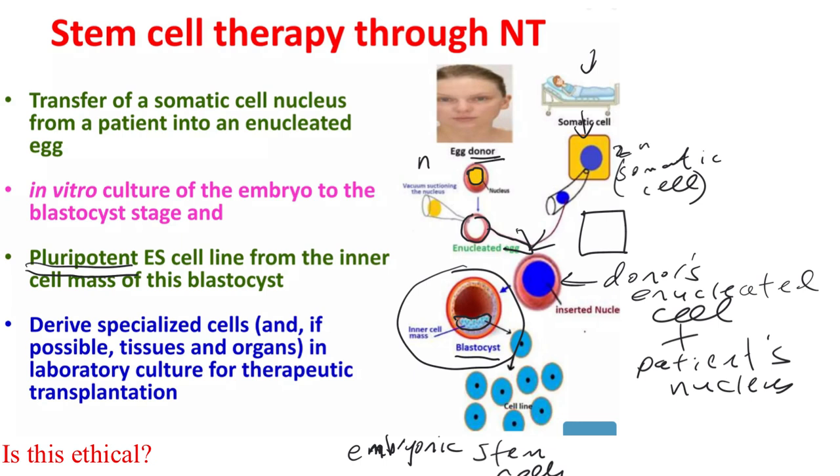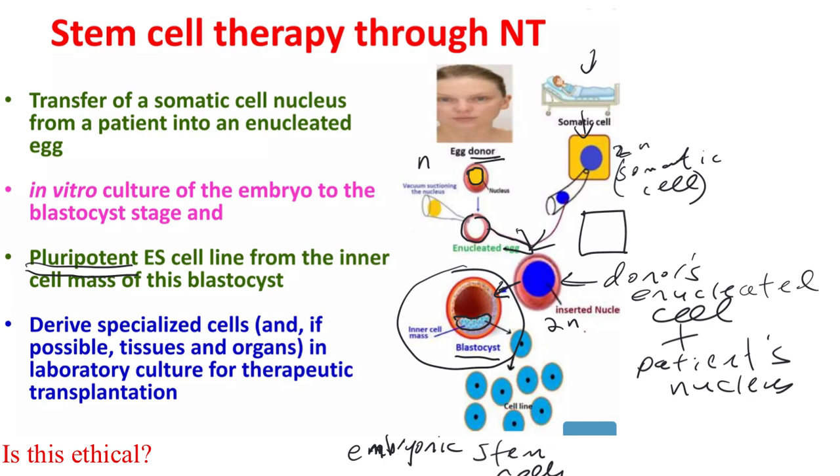Okay, that is an embryo. It's a 2N cell. And that cell's going to think it's a zygote, and it will start doing mitosis over and over until it gets to the blastocyst stage.